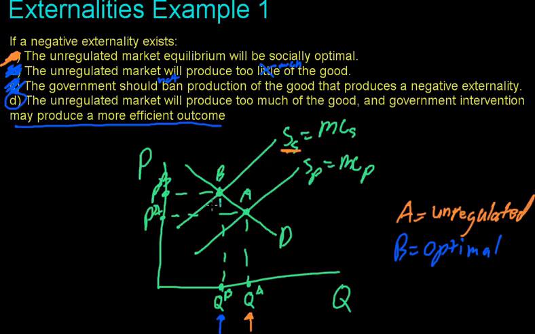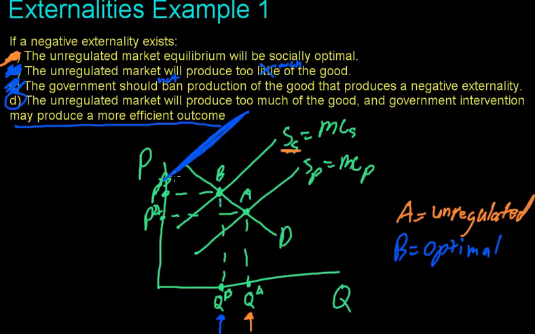It's becoming more and more clear that we really do need to do very careful research and make sure that we intervene in a very cautious, very guided manner, so that we do achieve a more efficient outcome. Because the government could just say, you know what, we're going to tax this good all the way up out to here.